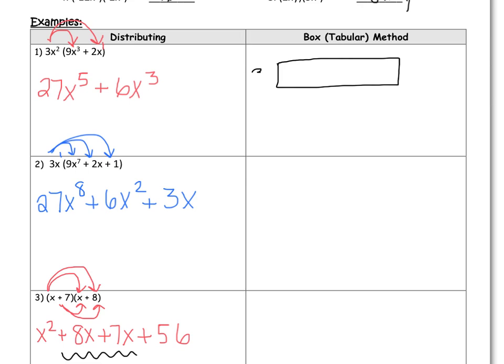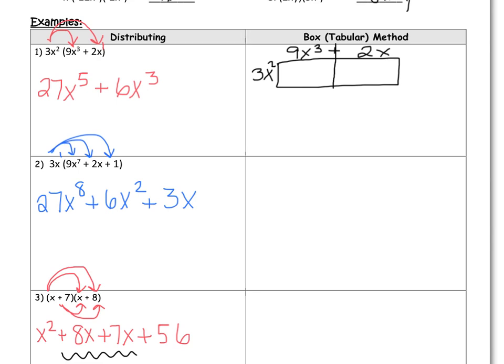And if you put 3x squared here, and you put 9x to the third here and 2x here, and you put the plus sign in the middle, aren't you really doing 3x squared times 9x to the third plus 2x? Length times width is your area that will give you this whole thing. So we can actually separate wherever there's a plus sign, just put a separation.